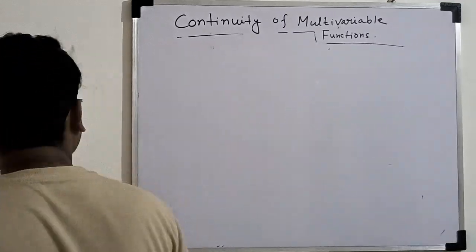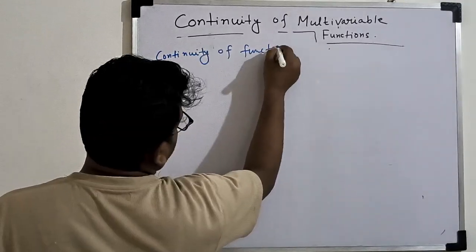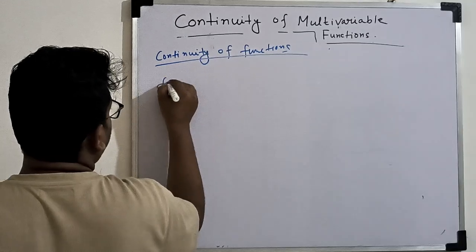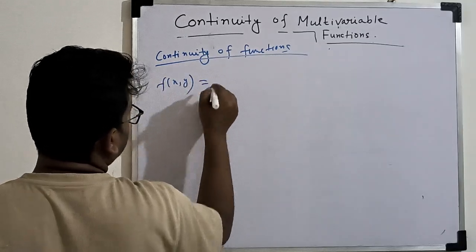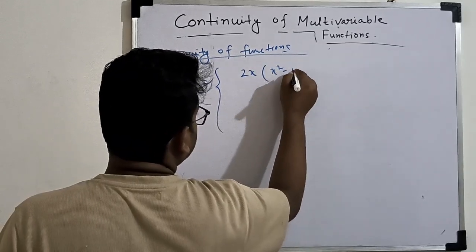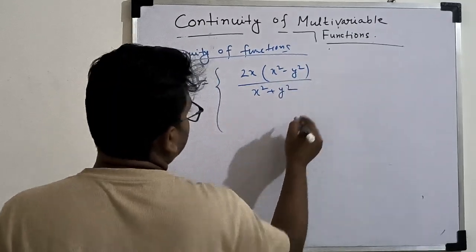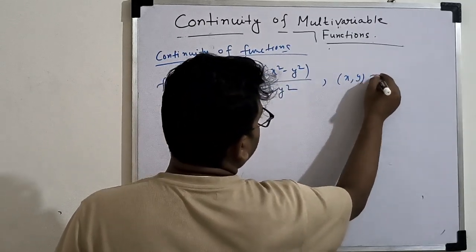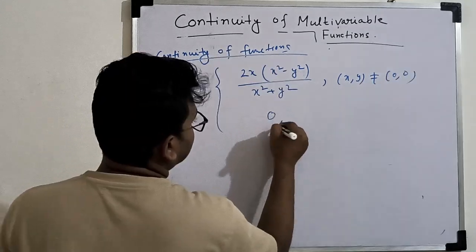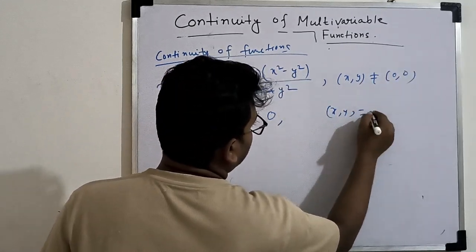Now we check the continuity of another function. So first take f of xy equal to 2x into x square minus y square divided by x square plus y square when x comma y is not equal to 0, 0 and 0 when xy equal to 0, 0.